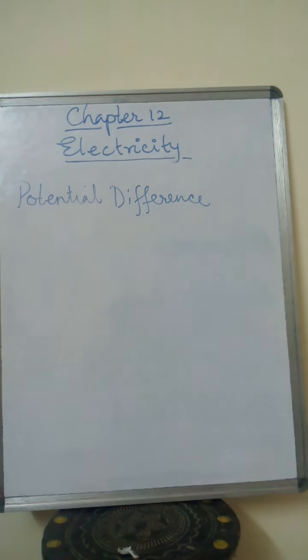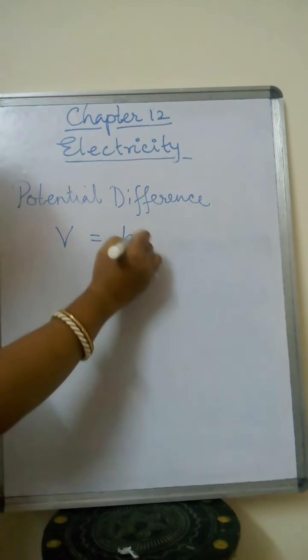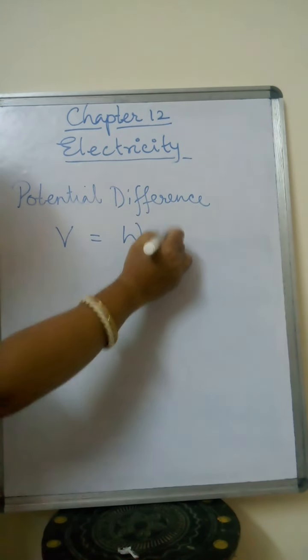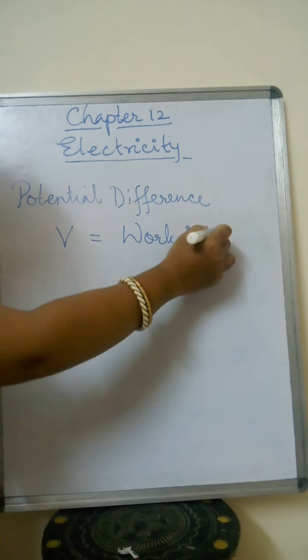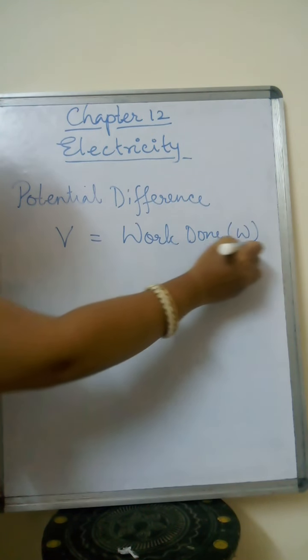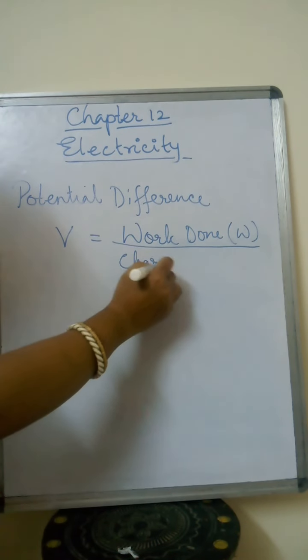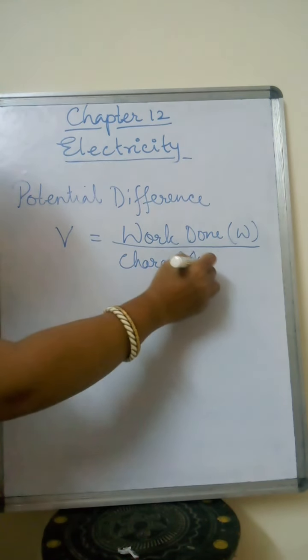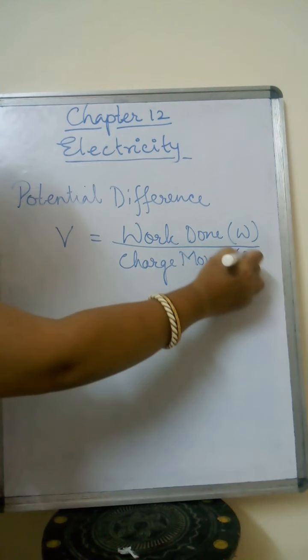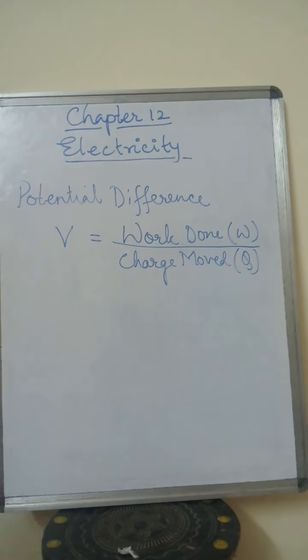How do we measure potential difference? In the same way, by work done, W, by charge moved, Q.